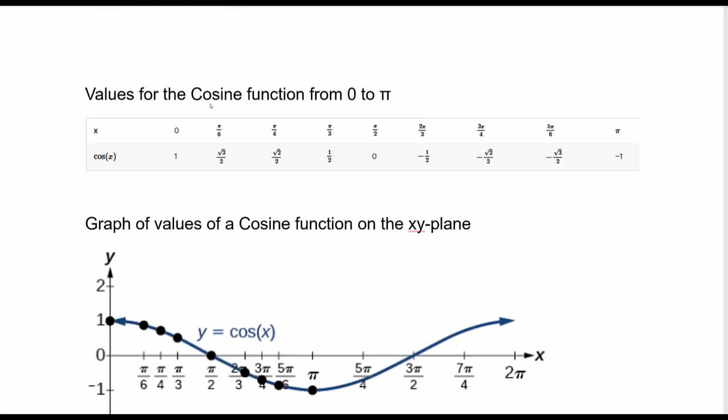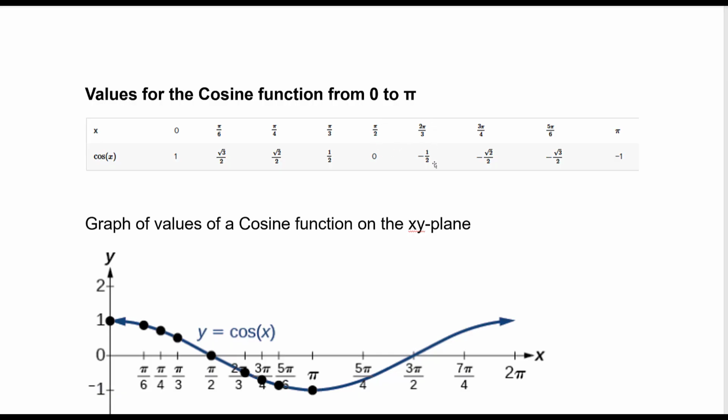For values of the cosine function from 0 to pi, for x being 0, cosine of that's 1. X being pi over 6, cosine of that's square root of 3 over 2. X is pi over 4, cosine is square root of 2 over 2. X is pi over 3, cosine of that's 1/2. X is pi over 2, cosine of that is 0.